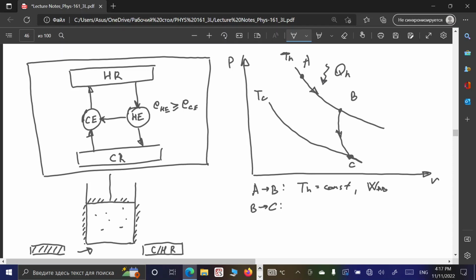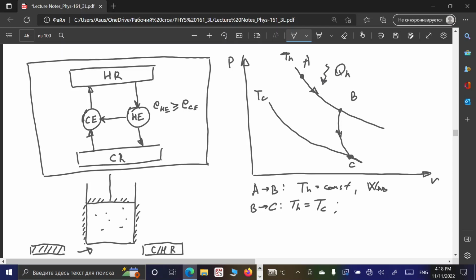So we isolate it. This is an adiabatic process, and what we see from the volume is that it also increases. Volume further increases. So now the temperature changes from TH to which temperature? TC, because we move from one isothermal curve to another.